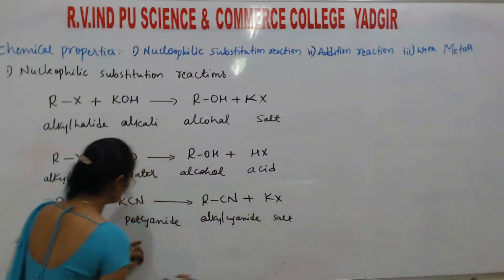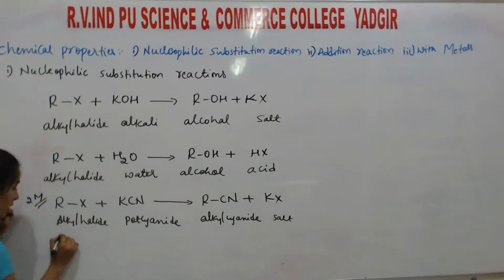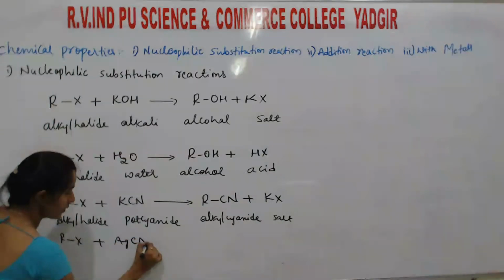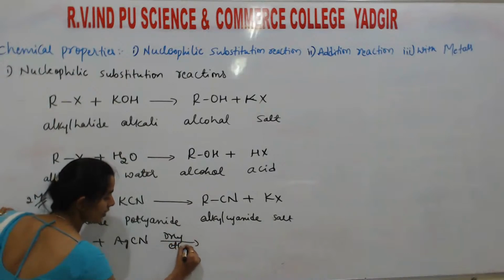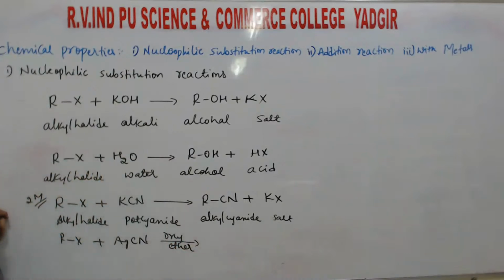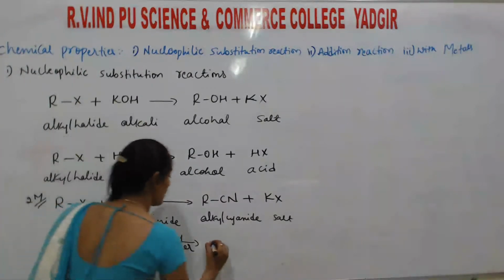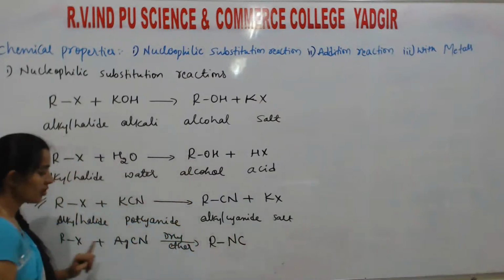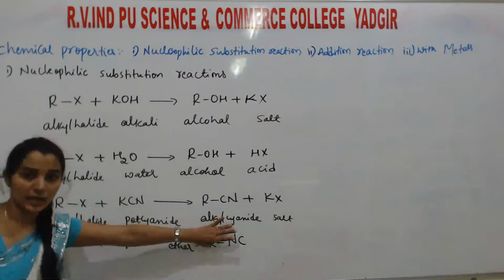Okay, so remember this one is a very important reaction for 2 marks. This one and the comparison with AgCN in presence of dry ether or acetone. Okay, so here what happens, students, listen. This RX compound gives RNC compounds, not RCN. If KCN is there, they give cyanides.